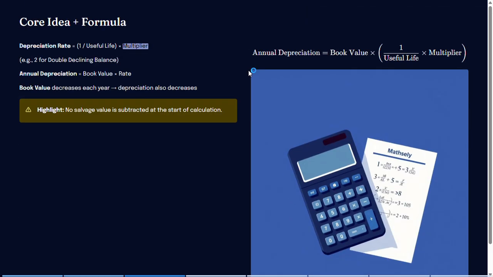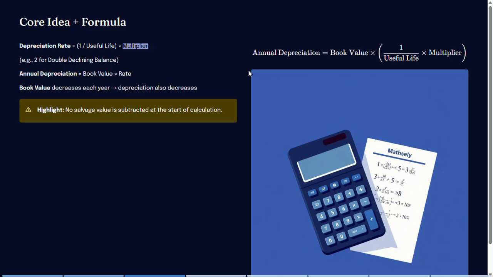So here's the idea and the formula. The logic is simple. We apply a constant depreciation rate to a decreasing book value every year. We calculate the rate as 1 divided by useful life times a multiplier. A common example is double declining balance, where the multiplier is 2.